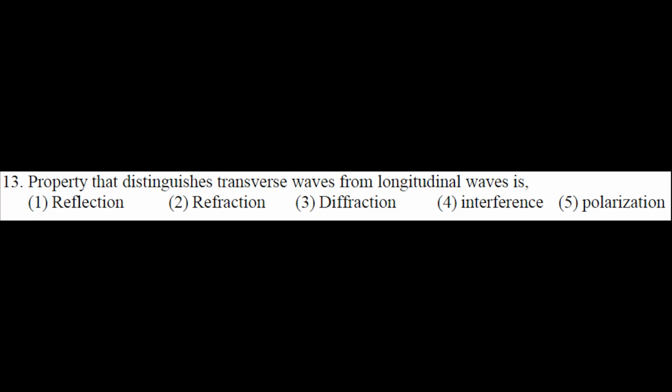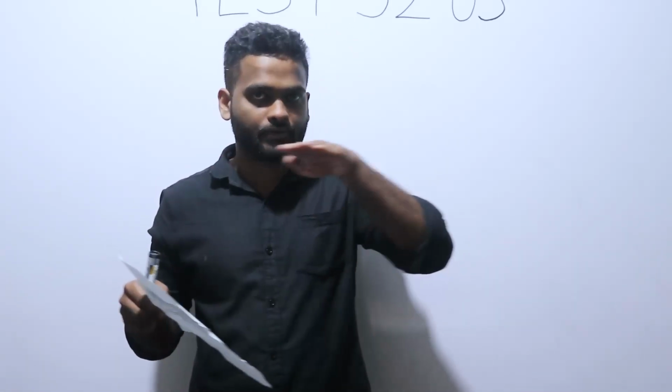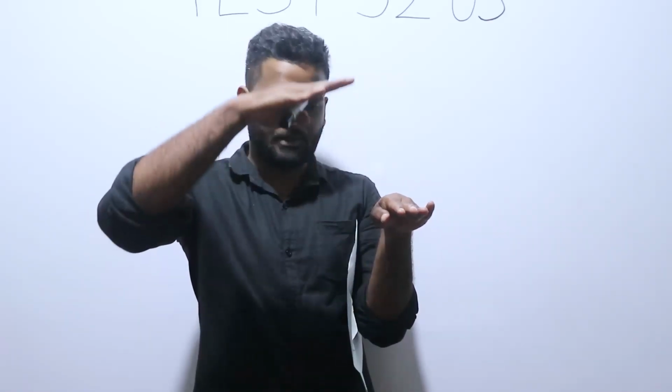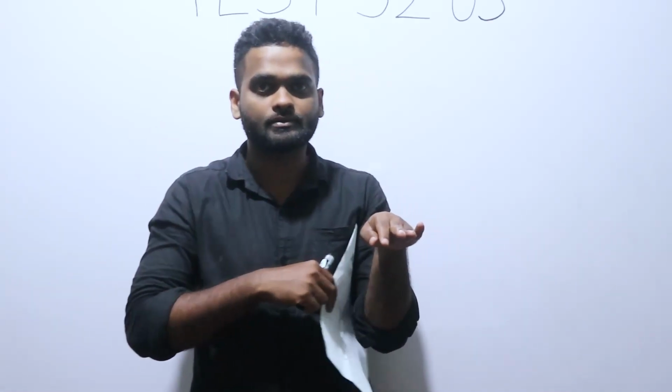Property that distinguishes transverse waves from longitudinal waves is. Okay, they have given these properties: reflection, refraction, diffraction, interference, polarization. So like that, transverse waves. If the direction of the wave is like this, particles in the medium vibrate normal to that, perpendicular to the direction of the wave.